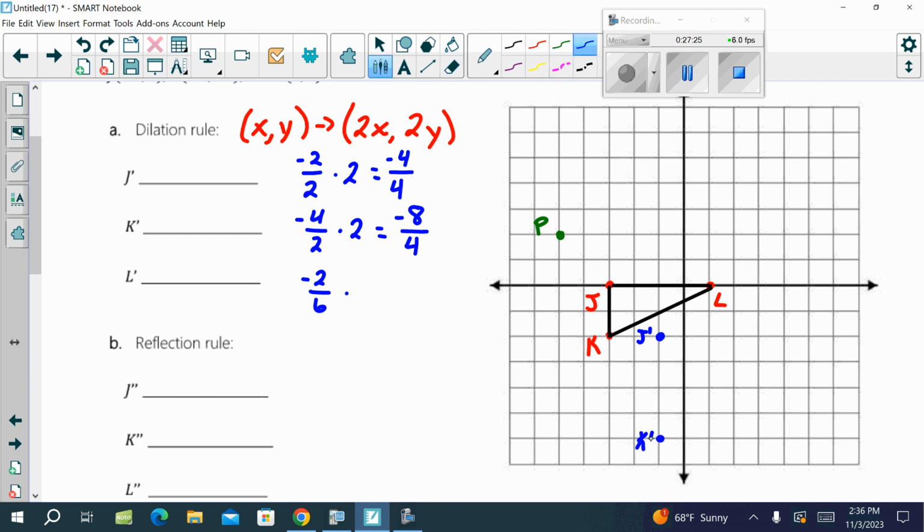Yeah, remember I said don't be afraid to tell me if my points are wrong. It gets a little tricky being this close. Alright, so times this one by 2, negative 4, 12. Is this one all the way on the side? Did I count that right? Yeah? Okay.